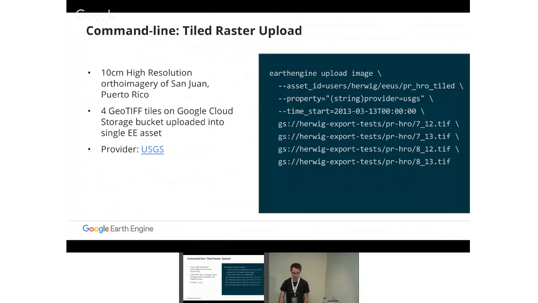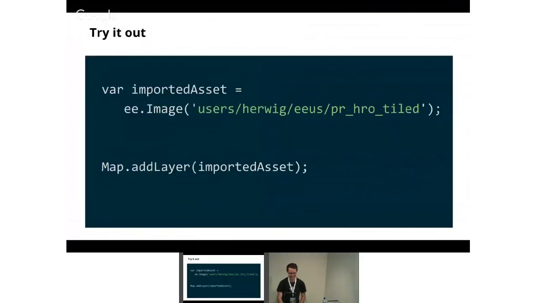It was the first time I realized that our max zoom of the map in the code editor wasn't enough for me to see all of the details of this data set. So you can try it out right here.